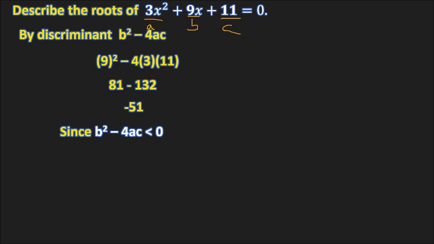So therefore, since our b squared minus 4ac is negative, and in symbol it's less than 0, then the roots are imaginary. They are imaginary because the radicand or the number inside the radical could no longer be simplified and it is not really existing.